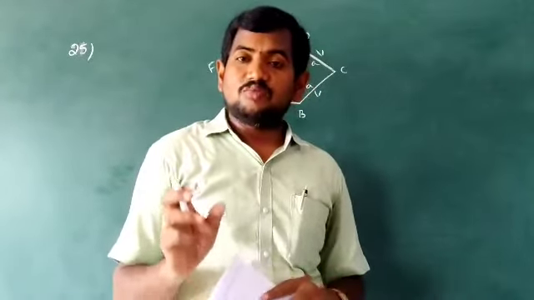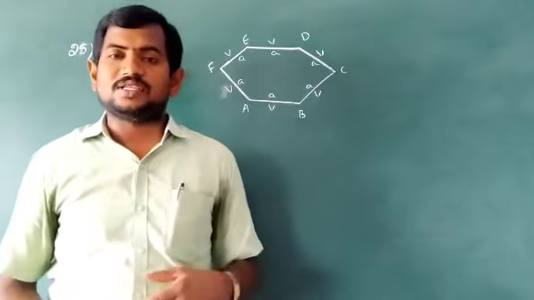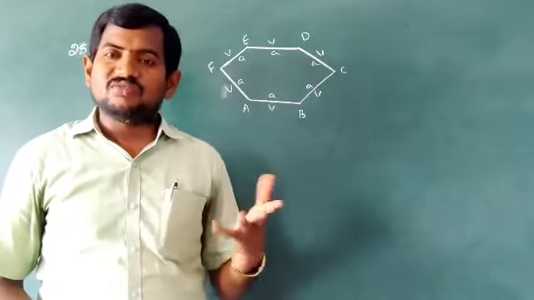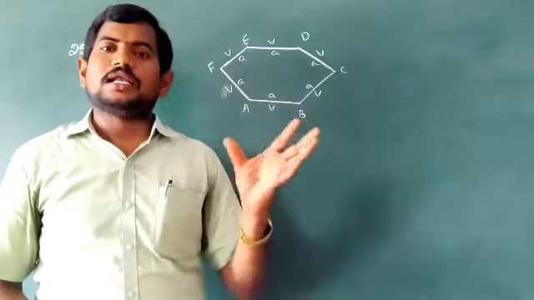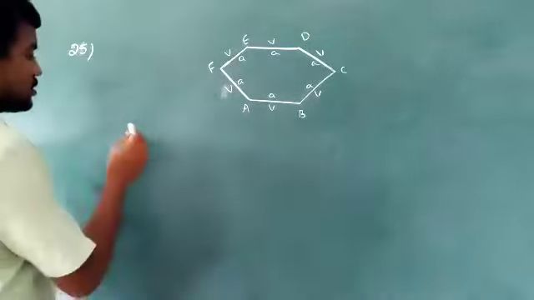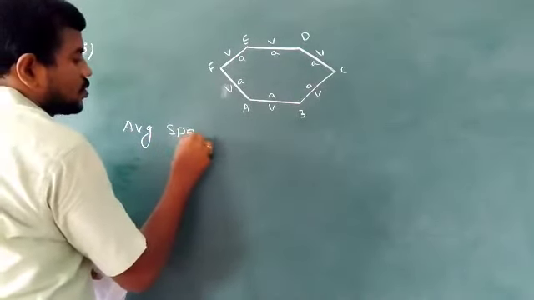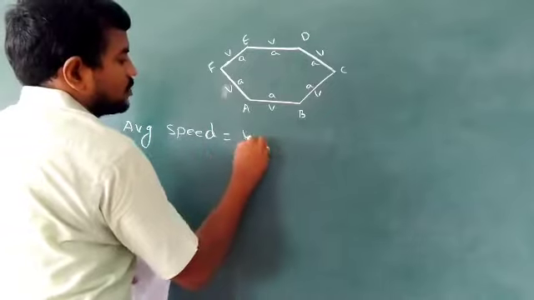Whenever the body is moving with non-uniform speed, in that case only we have to calculate the average speed. But when it is moving with uniform speed, no need to calculate the average speed. So here, no need to find the average speed because the body is moving with uniform speed. So here directly you can write the average speed, that is v.